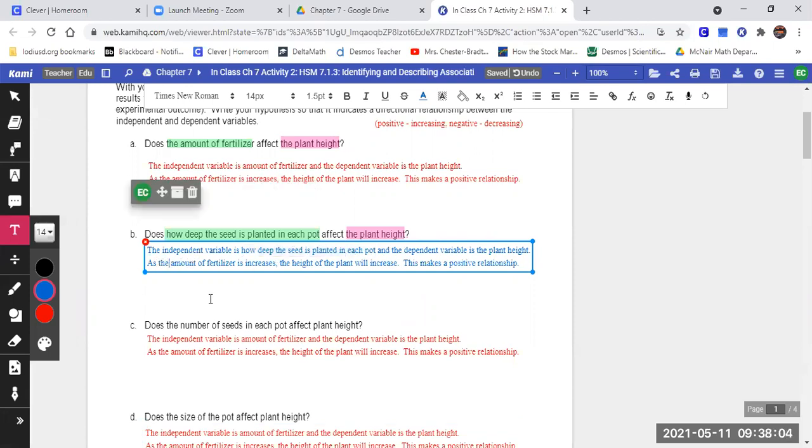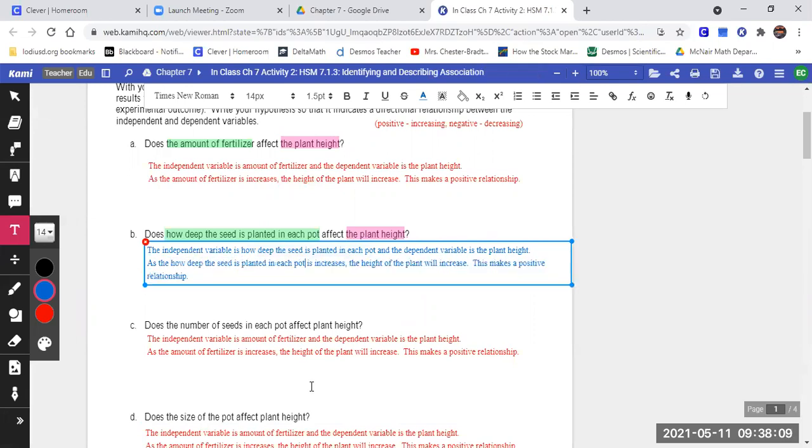So as how deep the plant is planted in each pot increases, so the deeper you plant it, the number of inches down it goes is increasing. It's getting farther and farther down. Is that going to make the plant grow higher, or is that going to keep the plant small? What do we think?